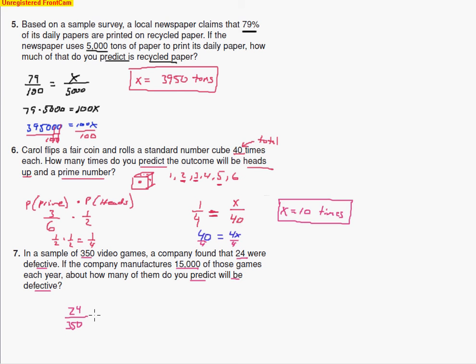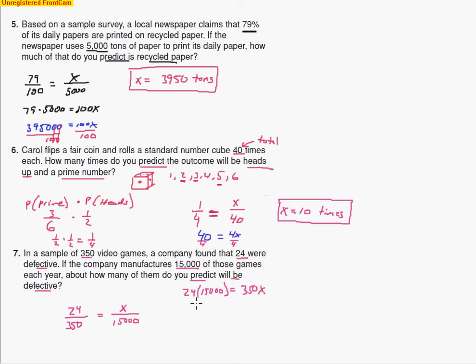Now we're going to end up setting up our proportions. So we're going to set this equal to the total number. This is 15,000 are produced each year, and we want to find out how many are going to end up being defective. And so we're going to cross multiply, so it's that 24 times by 15,000 equals 350 times by x.